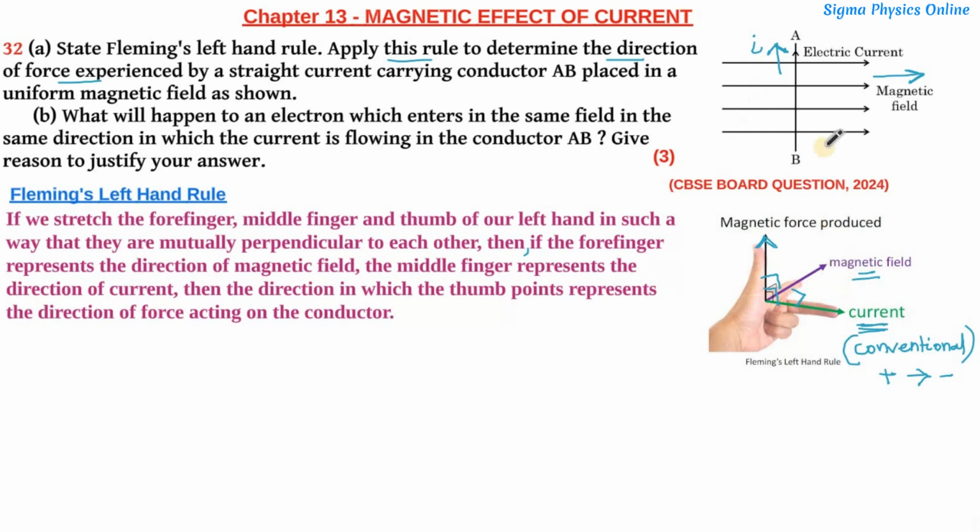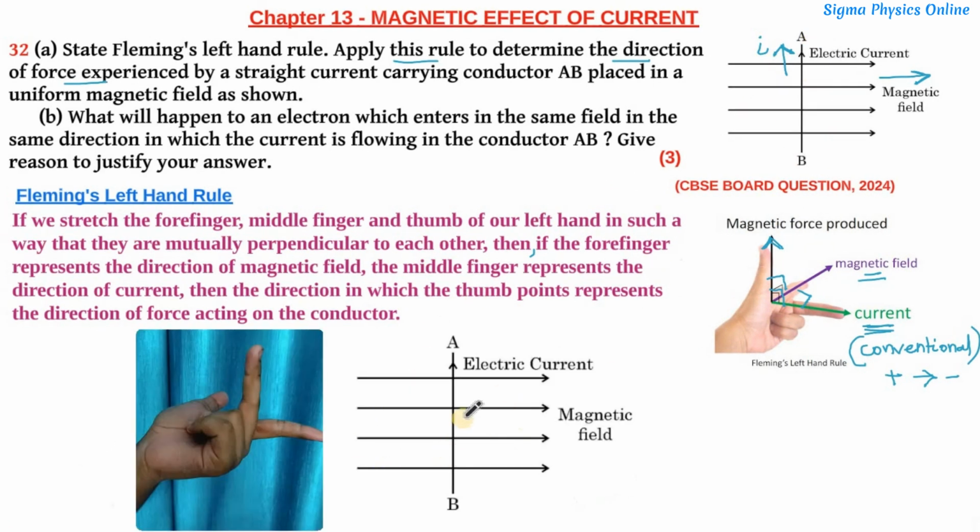So this is the direction of current. Now we need to find out, using Fleming's left-hand rule, in which way the conductor will be deflected or pushed. Now let us align our fingers, which are stretched mutually perpendicular to each other, so that it satisfies this diagram.